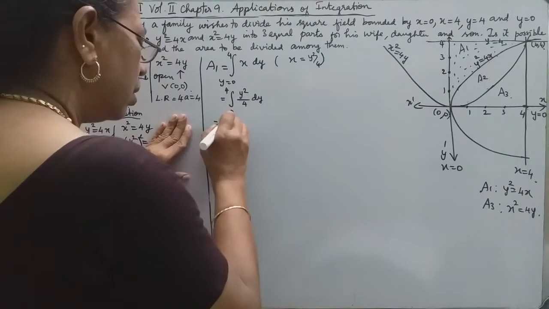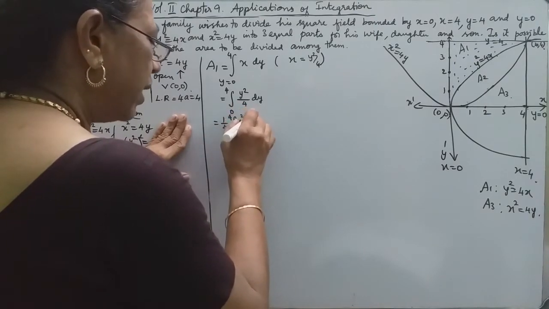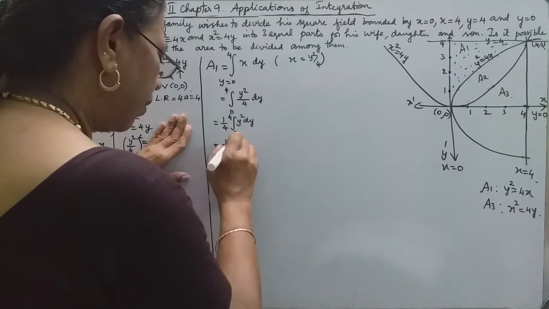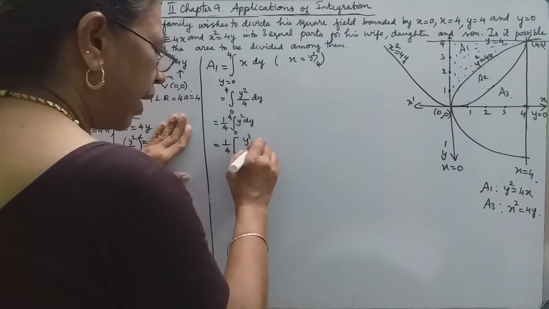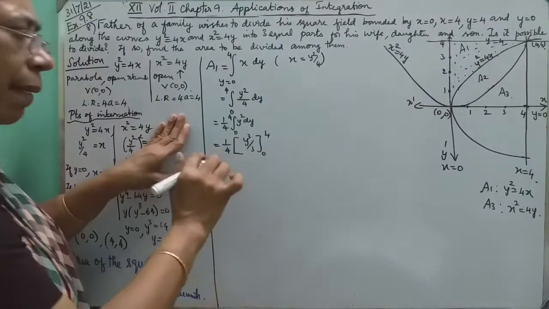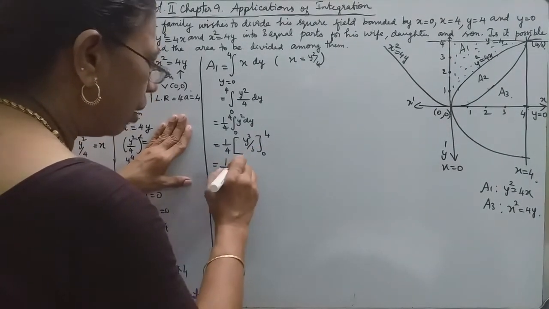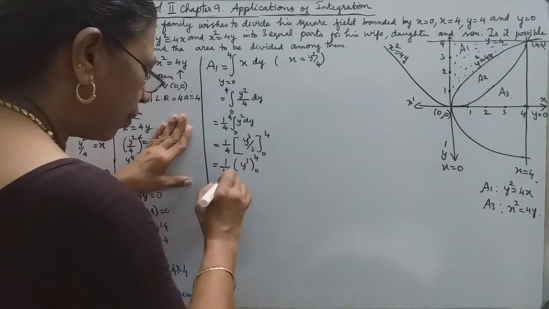Take 4 out. So it is 1 by 4 into integral 0 to 4 y square dy. So that is nothing but 1 by 4 into integrate y square with respect to y. So y cube by 3 from 0 to 4. If you put the upper limit, take the 3 out first. So that is 1 by 12 into y cube from 0 to 4.